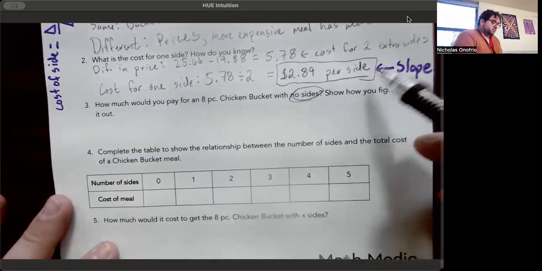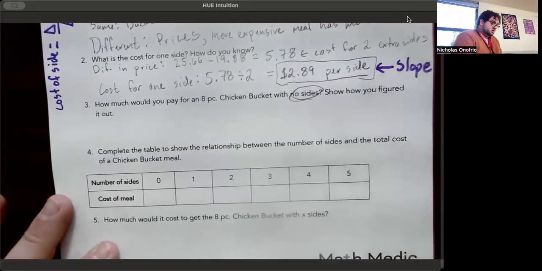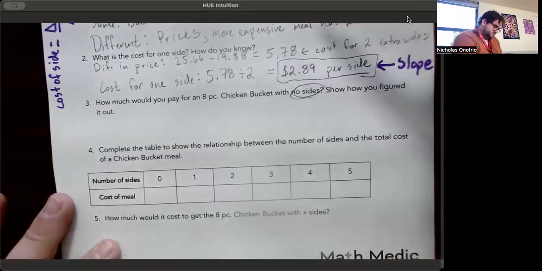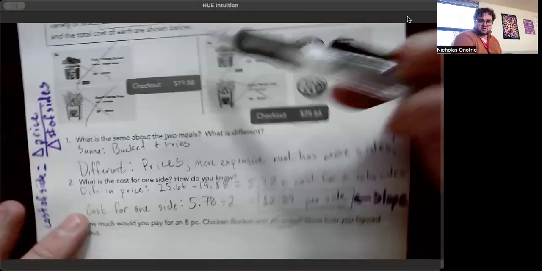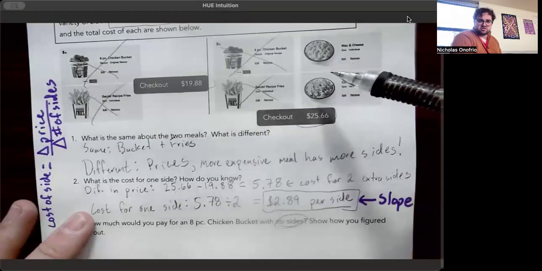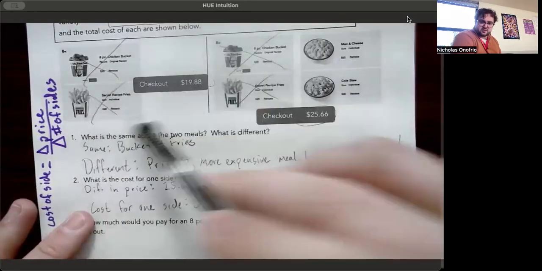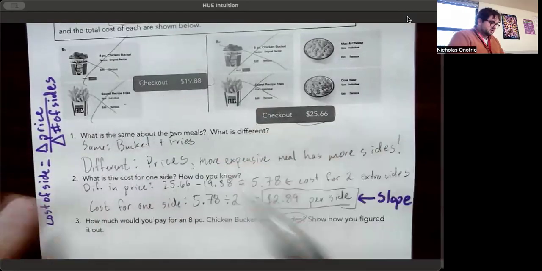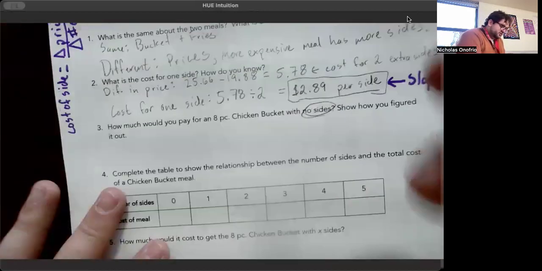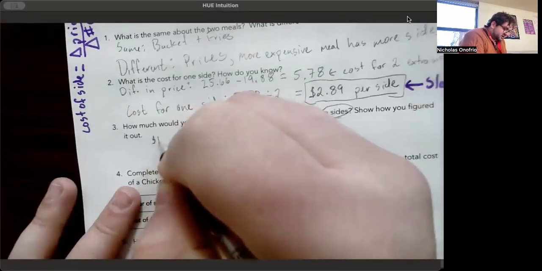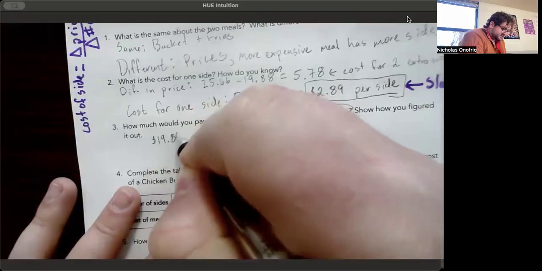All right, now that we're back, you hopefully have an answer. Now that we know the price for one side, we can look at our meals and ask which one would be easiest to get the chicken bucket by itself. It looks to me like the first meal might be easiest because there's only one other thing. We know the first meal costs a total of $19.88.